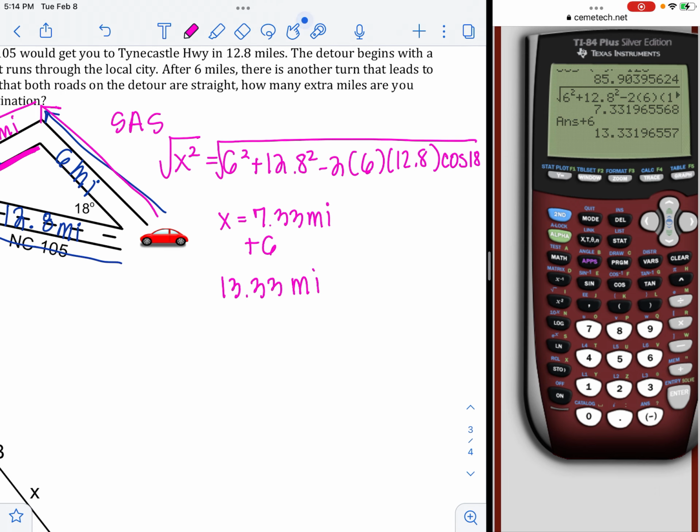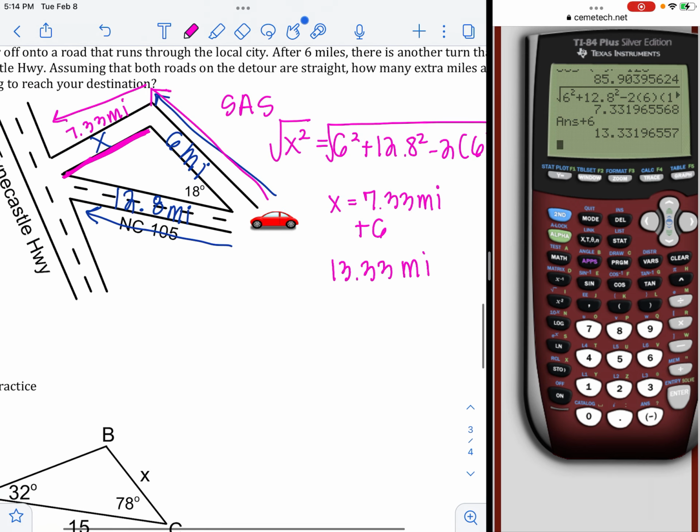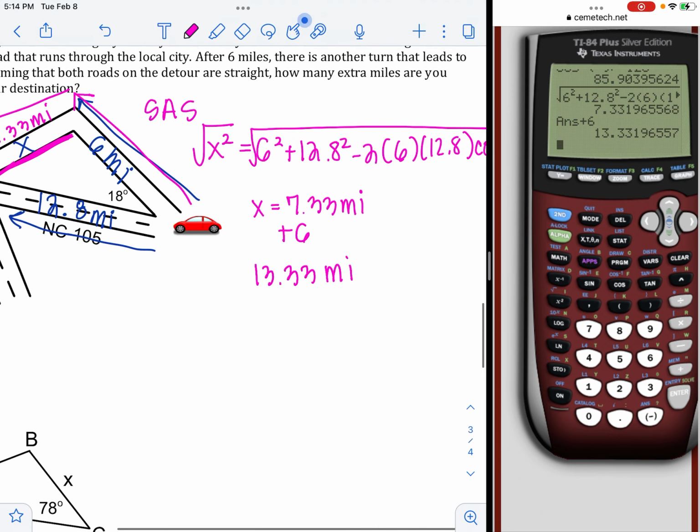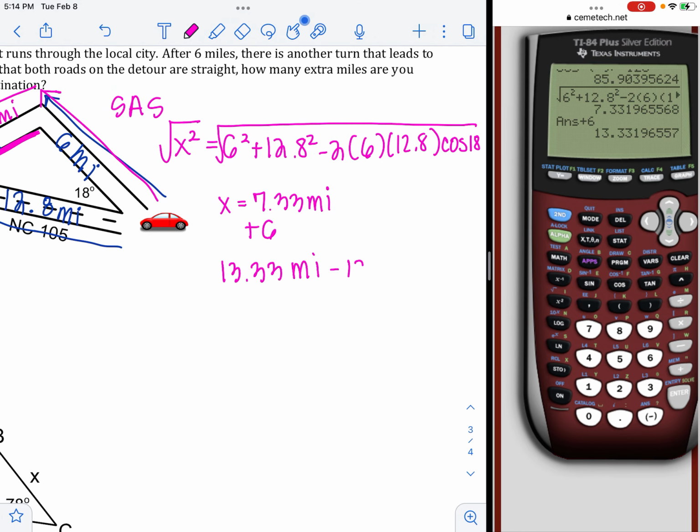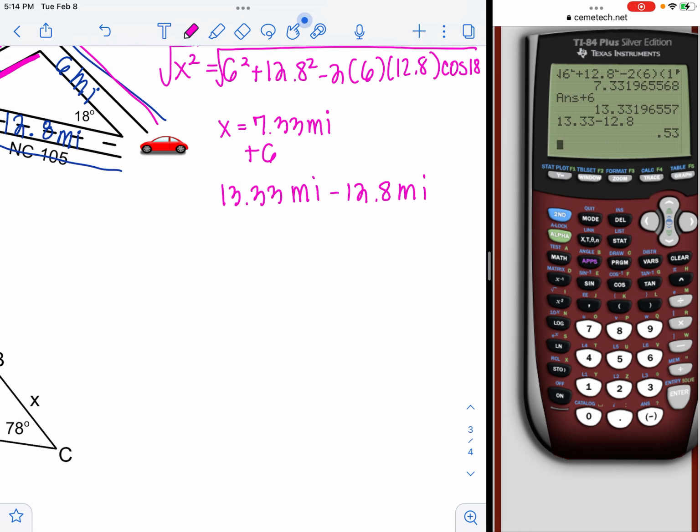Now, if it would have taken North Carolina 105, it would have only taken 12.8 miles. So the question is how many extra miles did it take to reach your destination? So I'm going to subtract 12.8 miles from 13.33. And how much did we go out of our way? A half of a mile. So I went out of my way 0.53 miles.